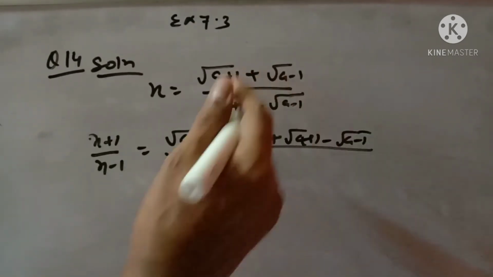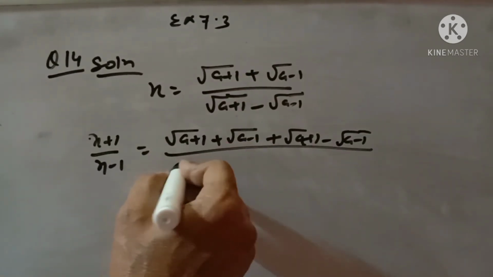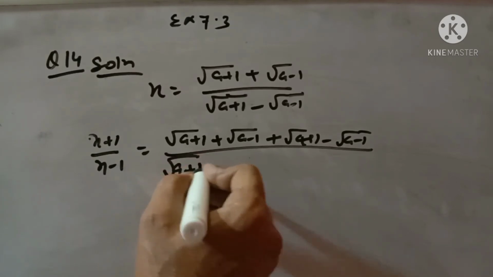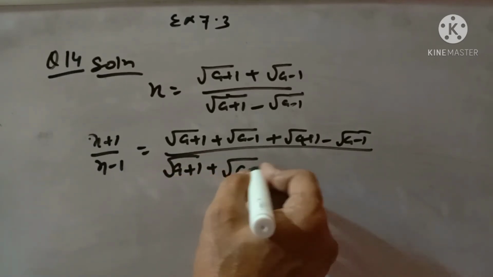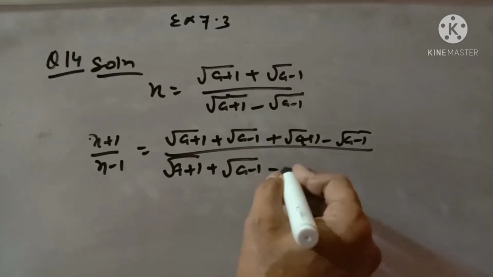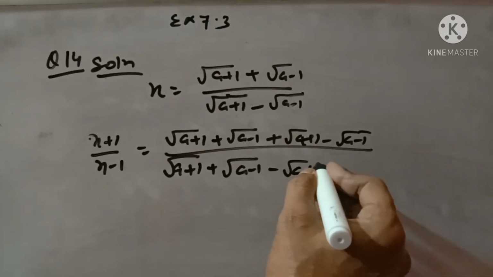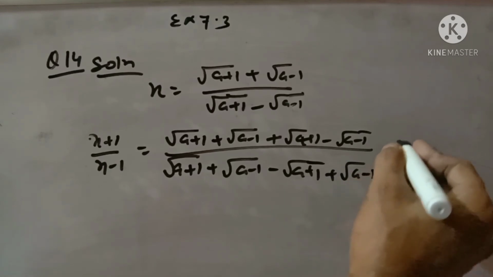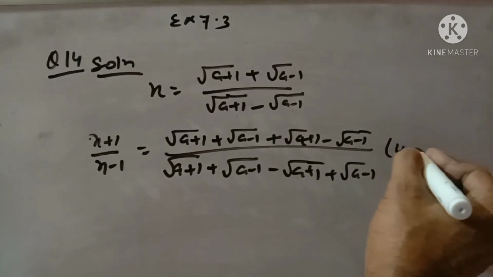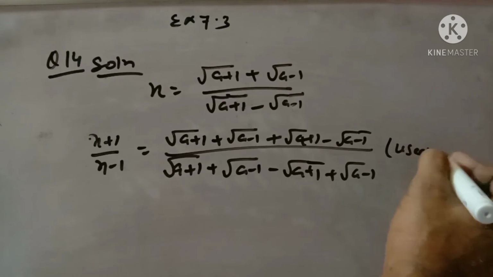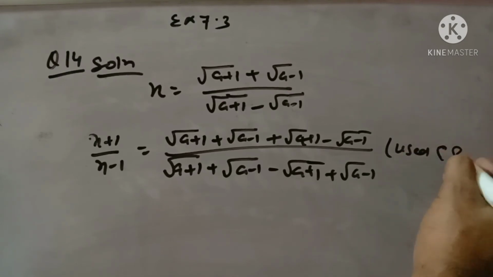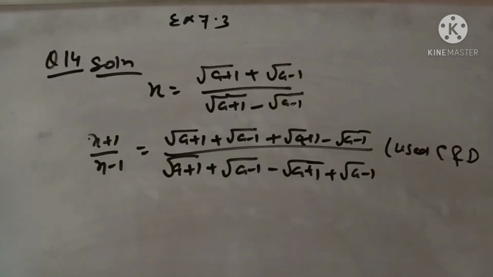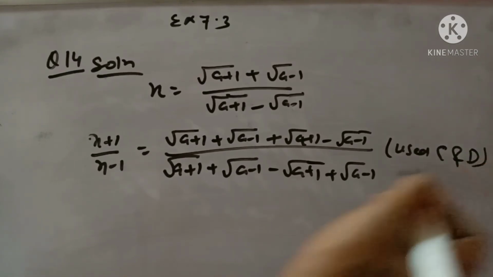A plus b by a minus b. Here under root a plus 1 plus under root a minus 1 plus under root a plus 1 minus under root a minus 1. Whatever I have used, I have used using componendo and dividendo. Okay, write down up to here. Then what is cancel?